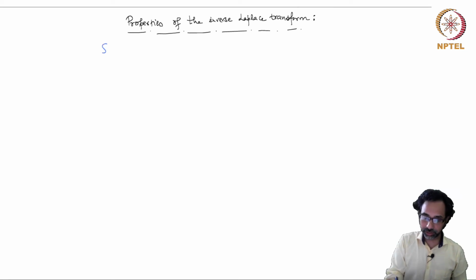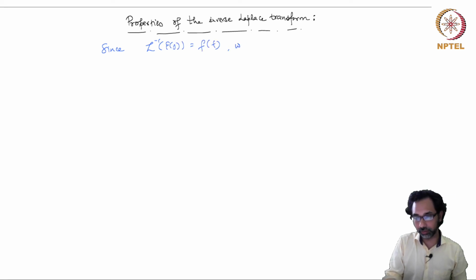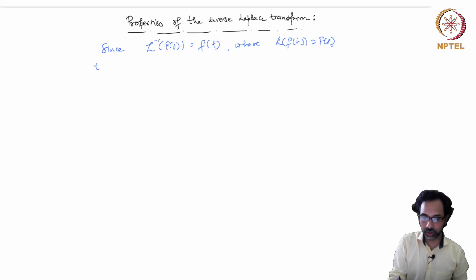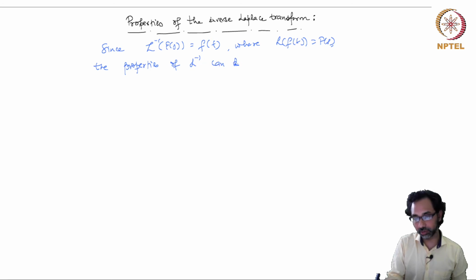Now note that since L inverse of F(s) is f(t), where the Laplace transform of f(t) is F(s), the properties of the inverse Laplace transform, the properties of L inverse, can be deduced from the properties of L itself.